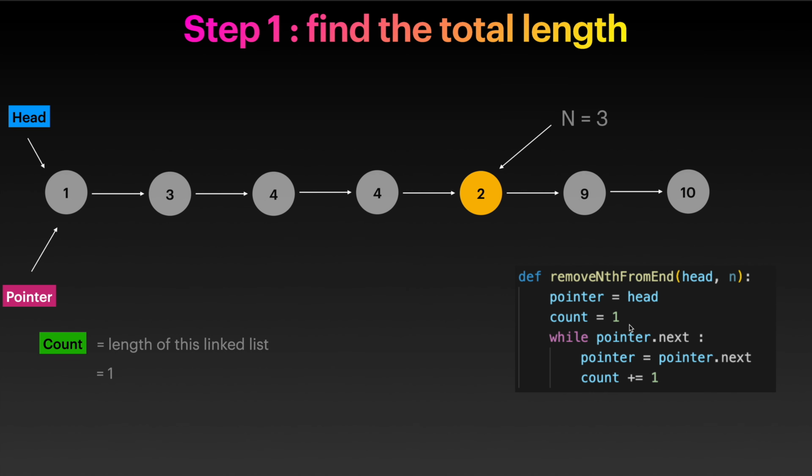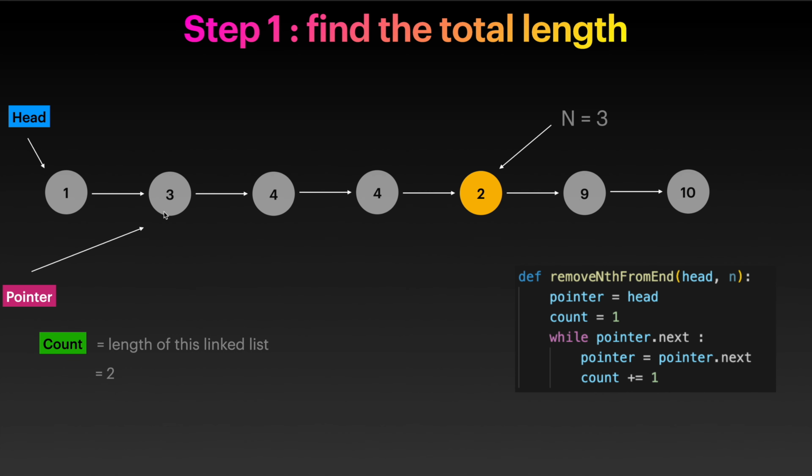The count is initialized to 1, and we run the while loop until pointer.next is equal to none, or an empty node. We keep moving the pointer to the right by pointer equals pointer.next, and we increment our count variable by 1.